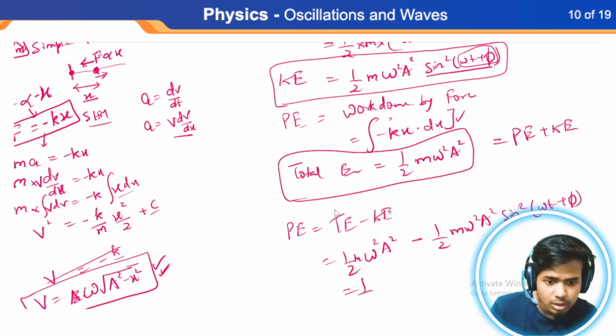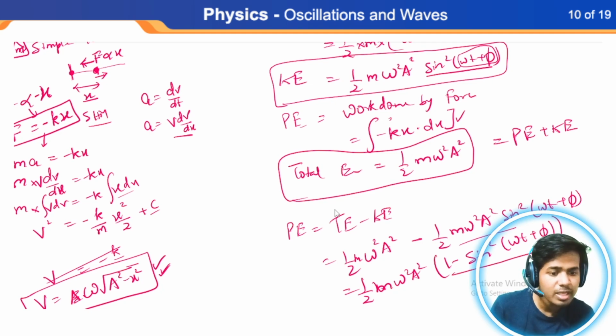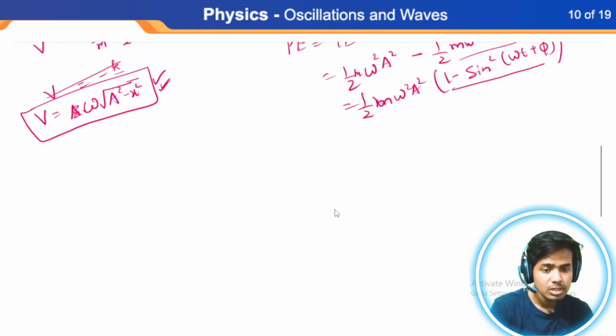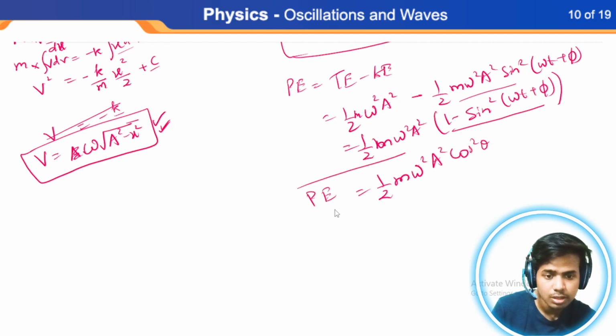When you take this as constant, m omega square a square 1 minus the rest of the thing are the same except 1 minus sine square omega t plus phi. Now we have something which we have already seen: 1 minus sine square whatever angle, sine square theta, that becomes essentially cos square theta, right? So यहाँ पर बन जाएगा हमारा हाफ इंटू एम ओमेगा स्क्वायर ए स्क्वायर cos square theta. This is the potential energy.